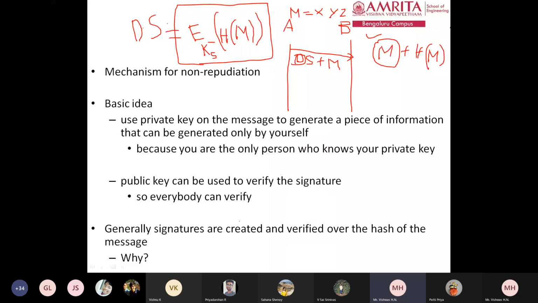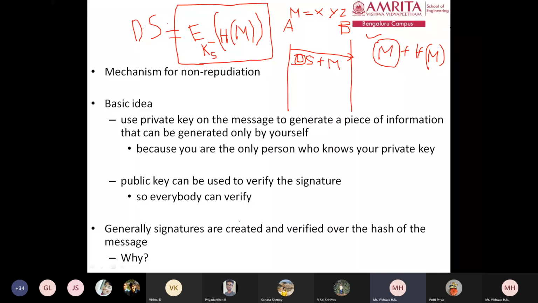Is that clear? But if I encrypt something using your public key, who can decrypt it? Only you can decrypt it. That's the analogy. That's the fundamental idea of the public and private key pair.